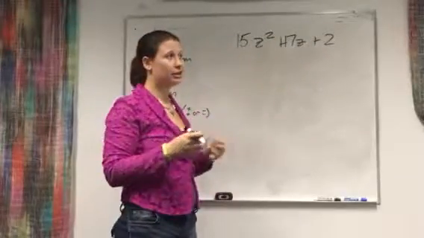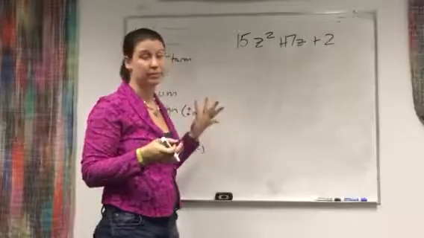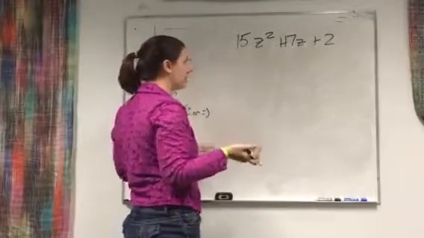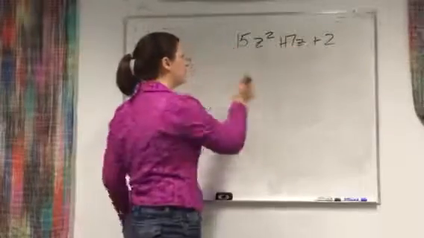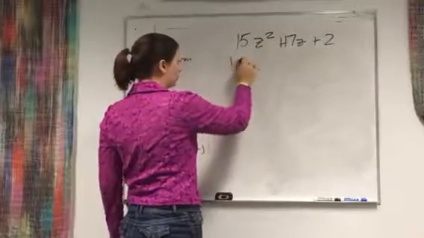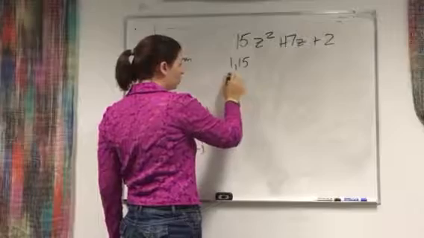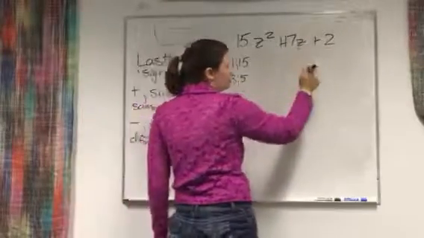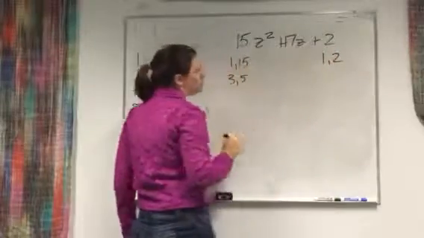So there's no common terms or common factors. So that means we need to look at the factors of the first and the last. 15 is 1 and 15, or 3 and 5. That's it, right? 2 is just 1 and 2.